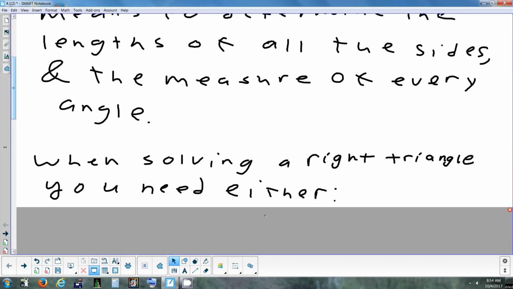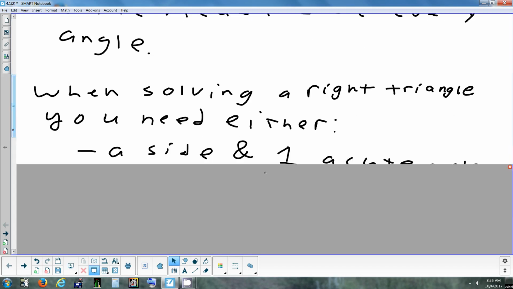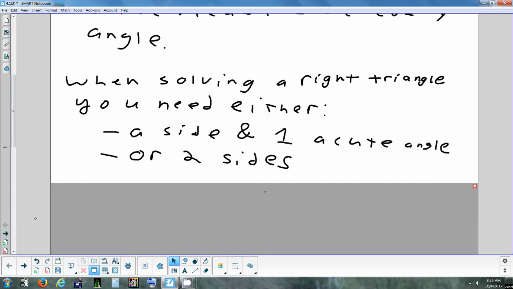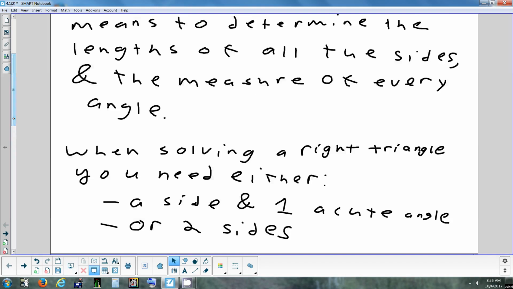Okay, so when you're solving a right triangle, in addition to the 90, okay, that's just a given. You're going to have that. You need either another side and another angle, or 2 sides.